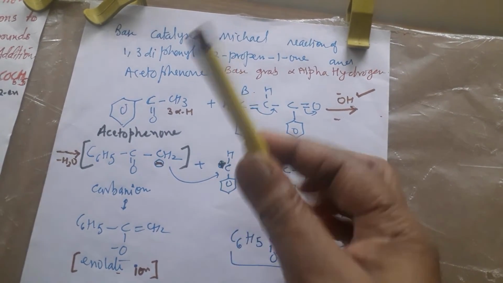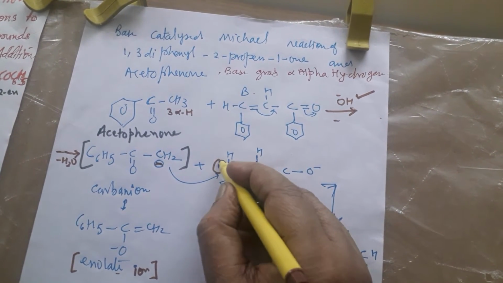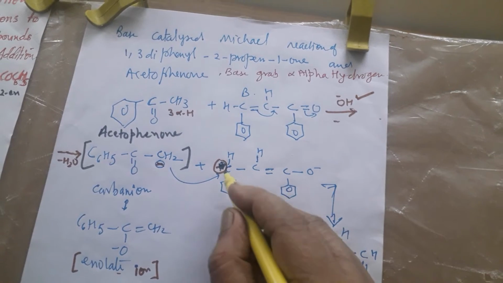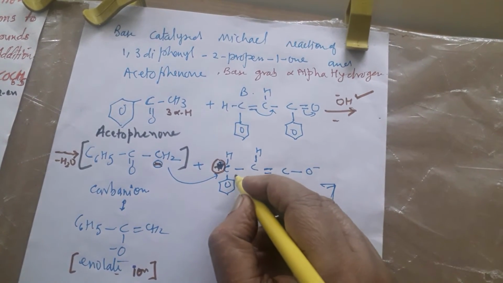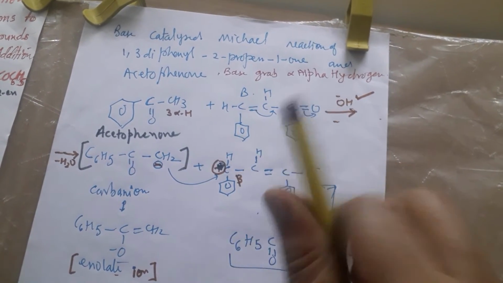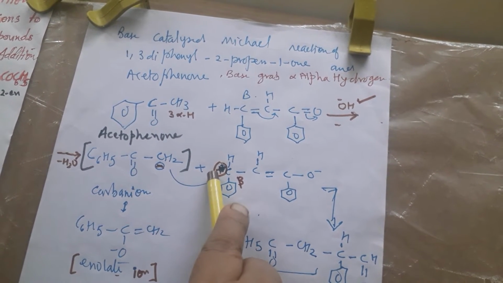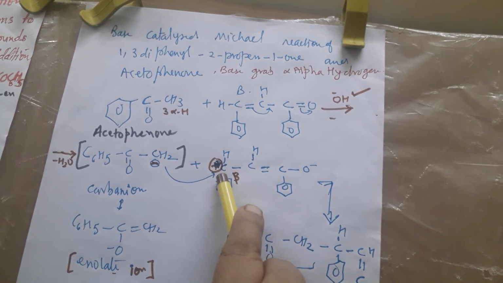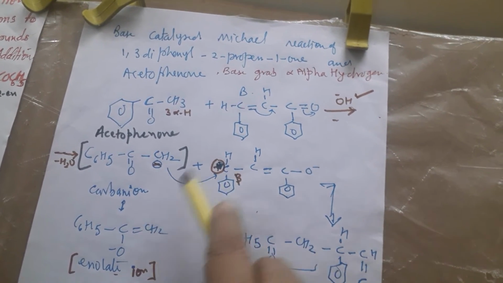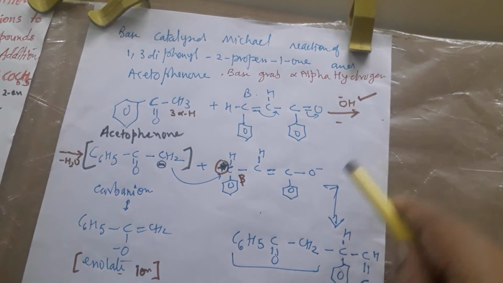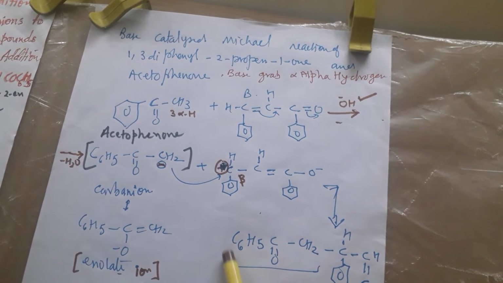So it is acquiring a positive charge. Clear? So now this is the beta carbon also. At the beta carbon, the nucleophile will attack over here. The carbanion will attack here. So this is nucleophilic addition. 1,4 nucleophilic addition occurs.